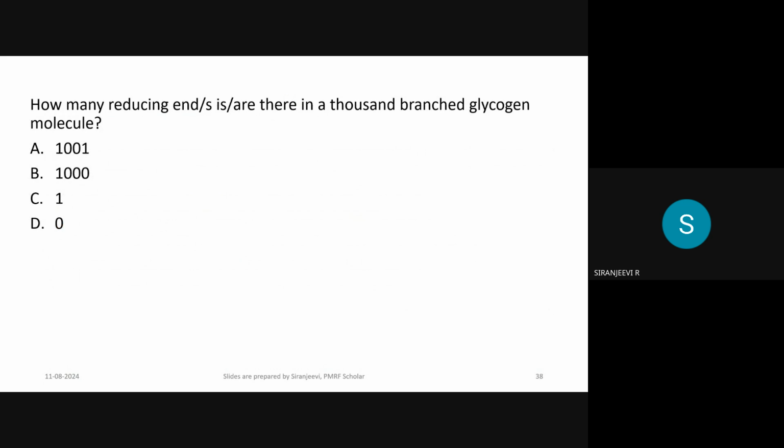The next question: how many reducing ends are there in a 1000 branched glycogen molecule? In a glycogen molecule, all the ends that we have talked about are non-reducing ends.